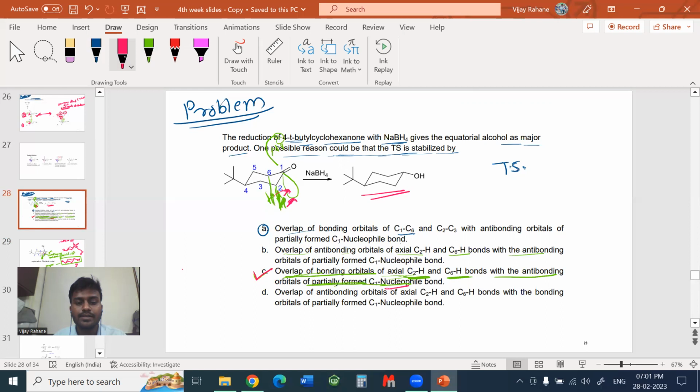If hydride attacks from the equatorial position, then the OH goes to the axial position, and at that time there will be no such stabilizing factor, right?